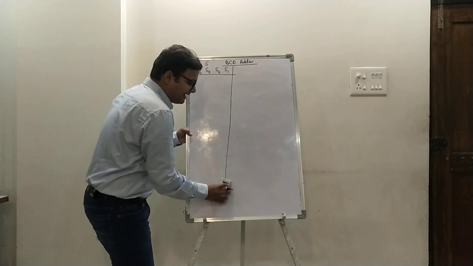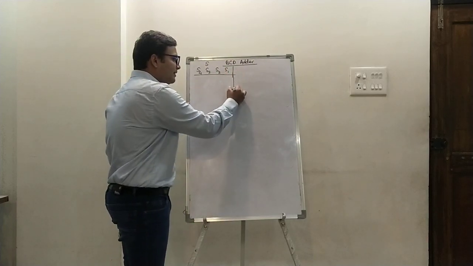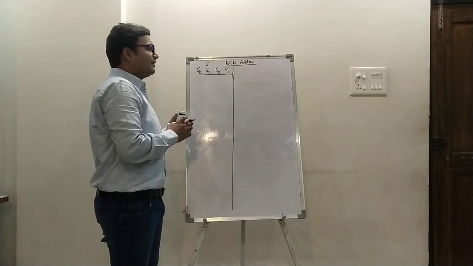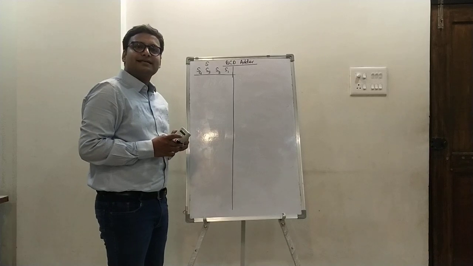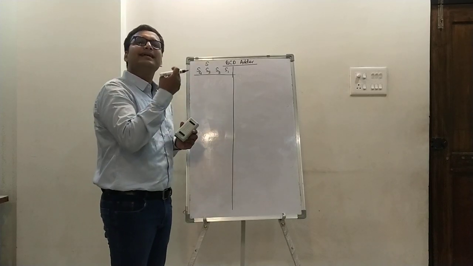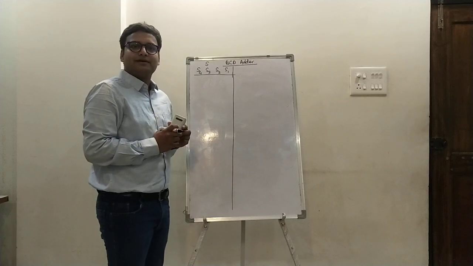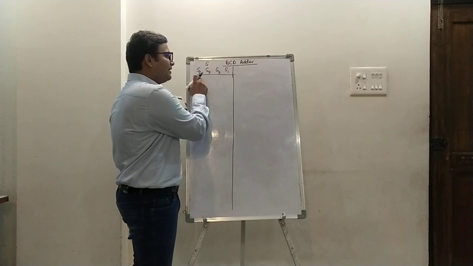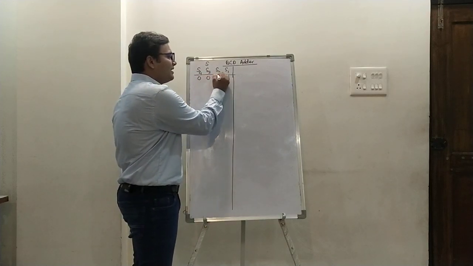If you are going to design any combinational circuit, we should know the problem statement first. What is the problem statement here? If the sum exceeds 9 or any carry arises, it needs a correction. That correction is nothing else: we have to add 6 to the invalid BCD sum.